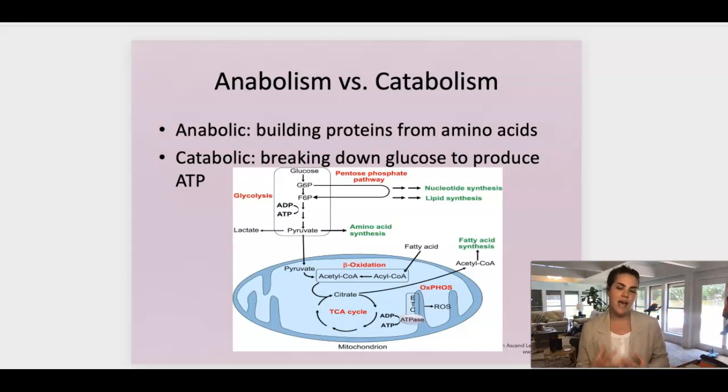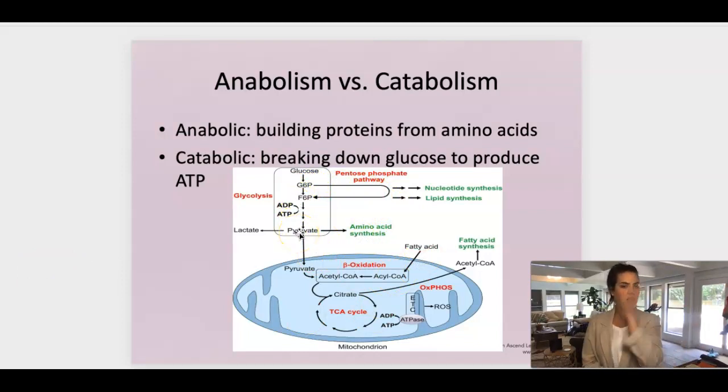So always think of anabolism as building or synthesis, okay? Whereas catabolism, we're breaking something down, okay? So with anabolism, we're building. In catabolism, we're breaking down molecules to relinquish energy, okay?